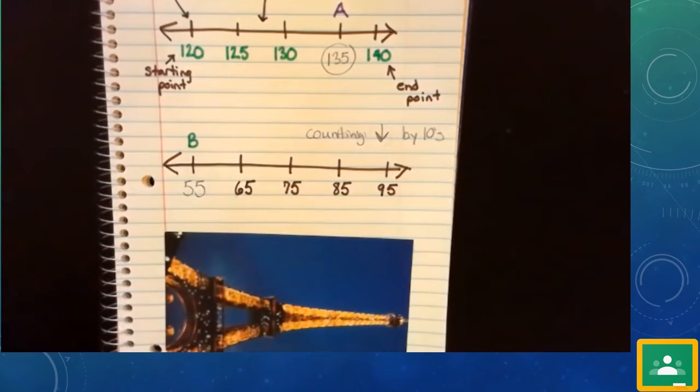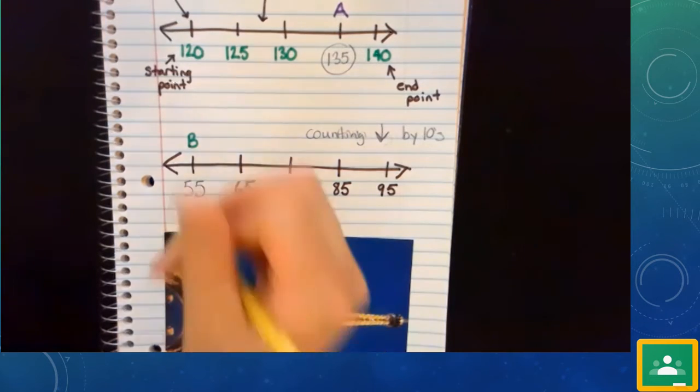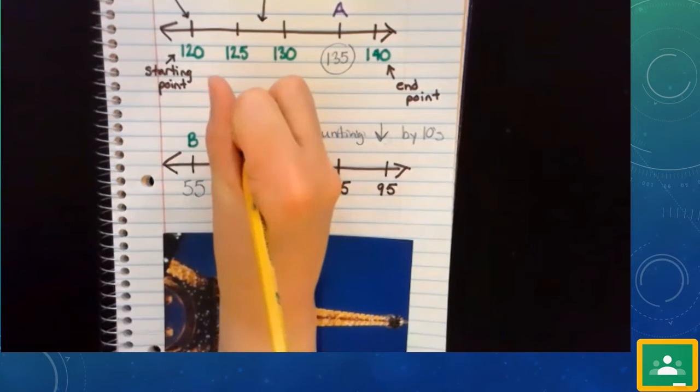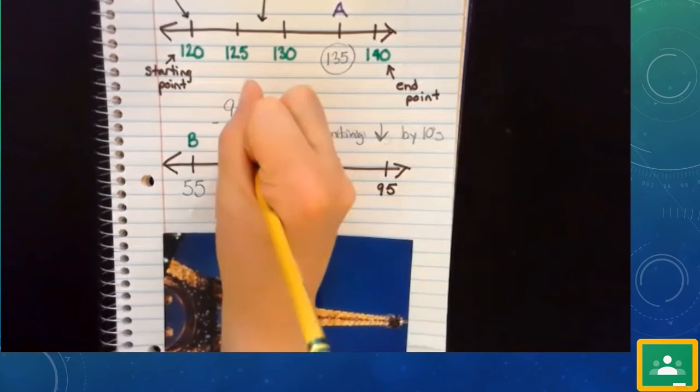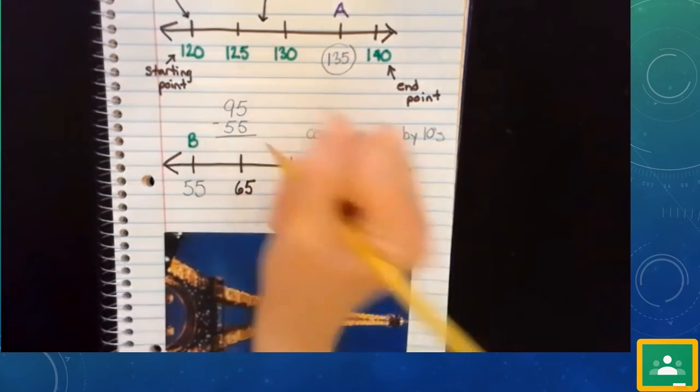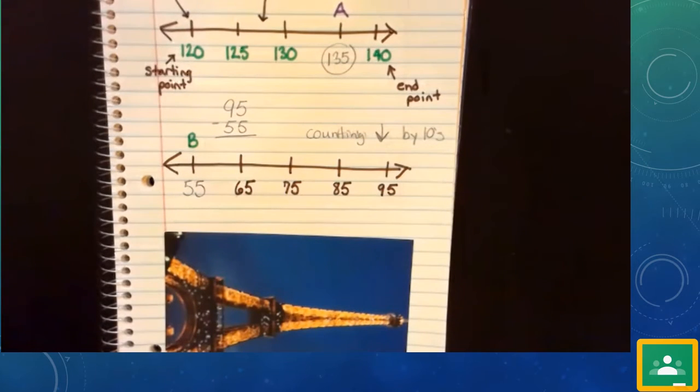Okay? So that's kind of like the work we did yesterday. So how can I use this information to figure out the difference between 95 and 55? We've learned lots of different strategies for subtracting numbers, but this is another strategy that you could use.